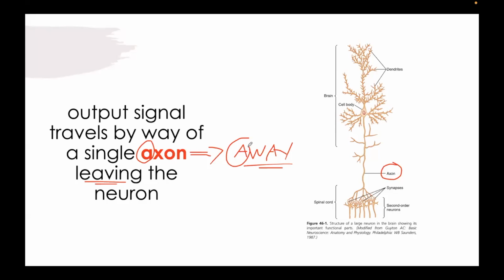So please take note of this, okay? So we mentioned earlier that output signals will travel by way of an axon. So the axon carries impulses away from the cell body, while the dendrite is towards.